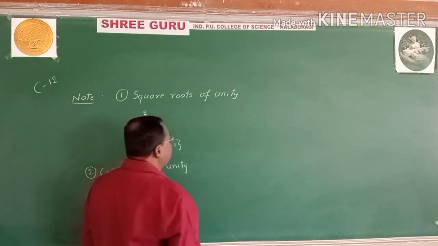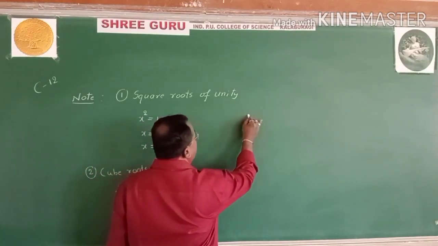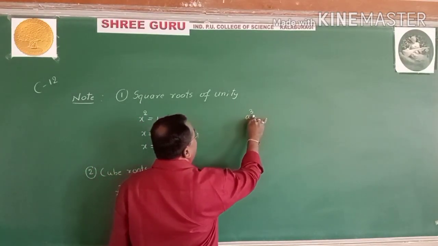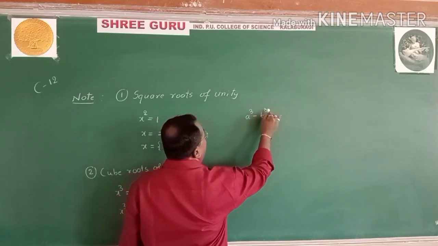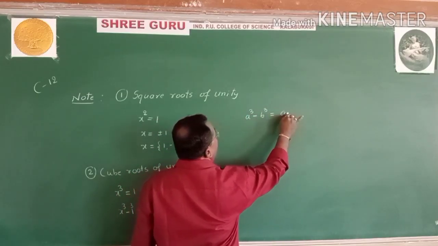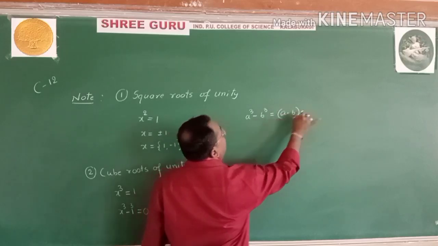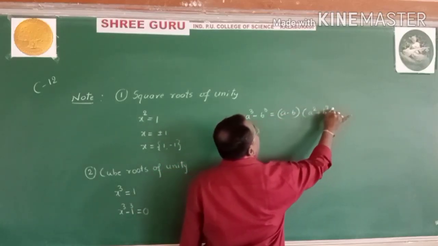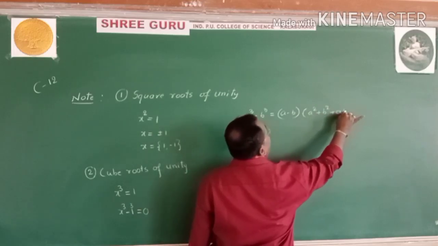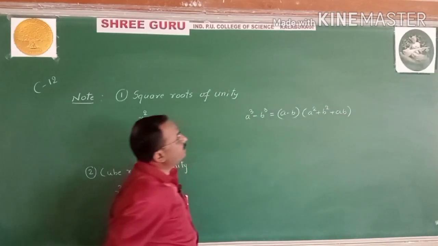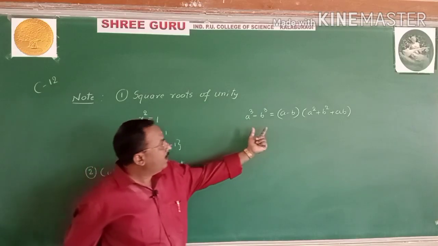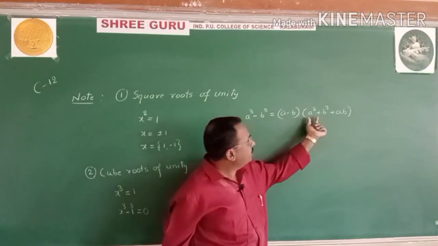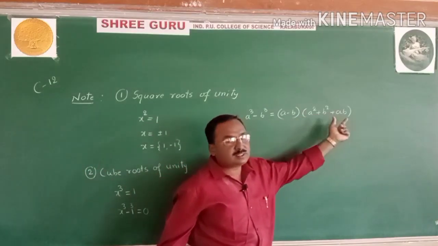Here we know the formula a cube minus b cube can be expressed a minus b into a square plus b square plus ab. A cube minus b cube formula is what? A minus b, a square plus b square plus ab.